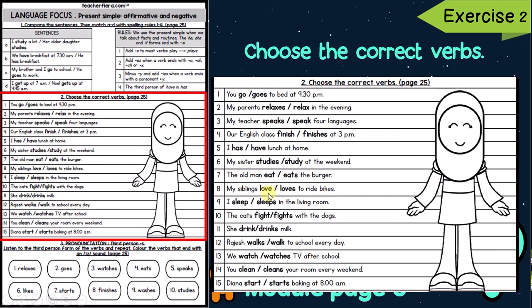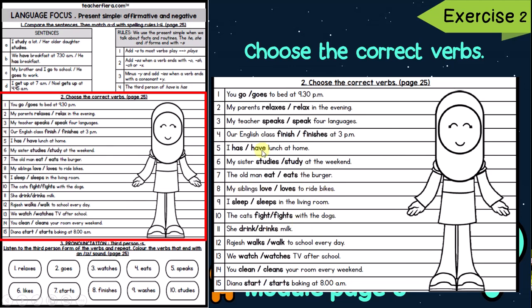So, the verb is love. Suka. Siapa yang suka? My siblings. Jadi, my siblings is the subject. Apa kata ganti nama untuk my siblings? Adik-beradik saya should be mereka. They. So, kalau they, we, I, you got no S. My siblings love to ride bikes.